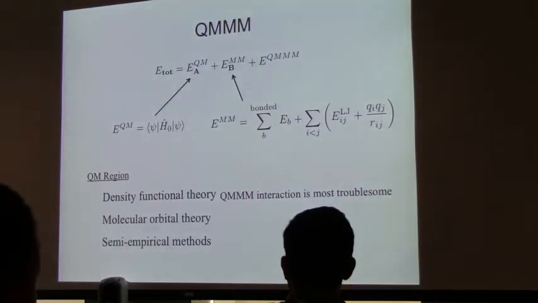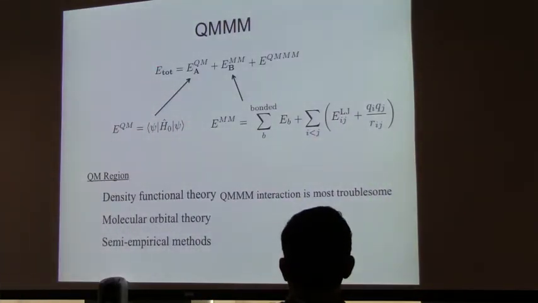So just to formalize this, the total energy, if you want to write it like that, is going to be the sum of this quantum mechanical energy, which is region A, this MM energy, which is region B, and then this interaction term, so the QMM part. So the quantum mechanical energy is rather straightforward, at least noted pretty simply.